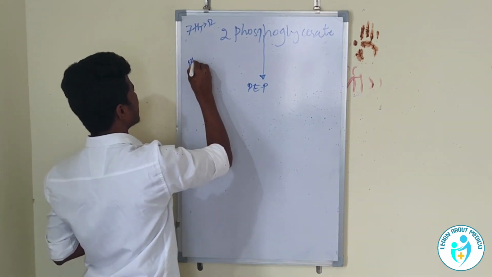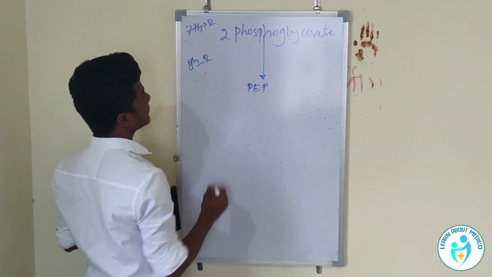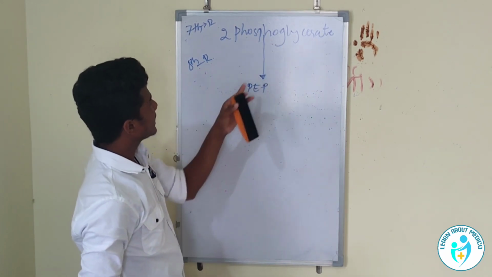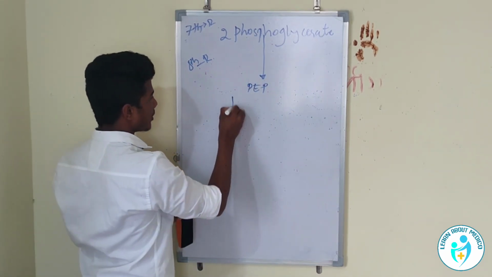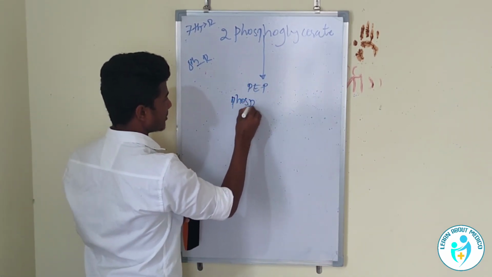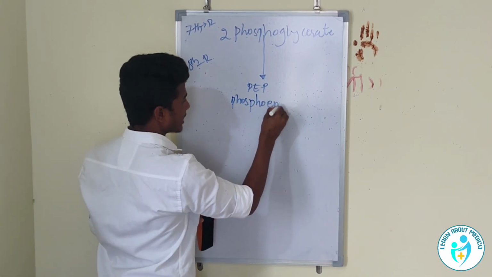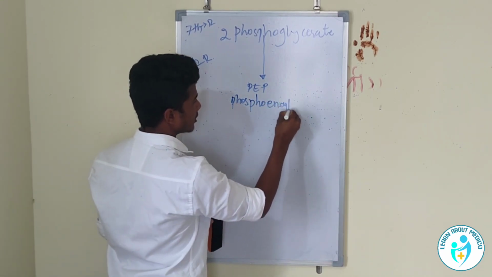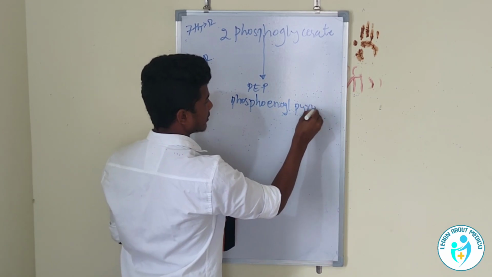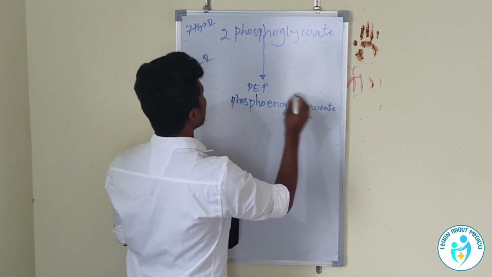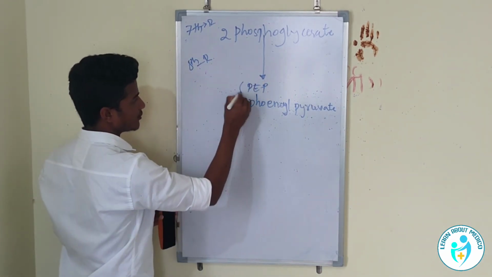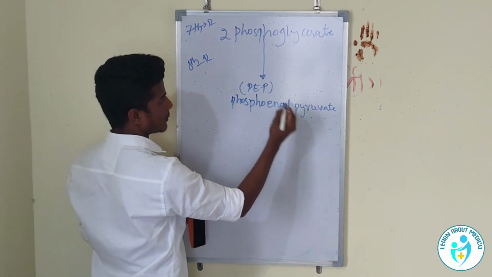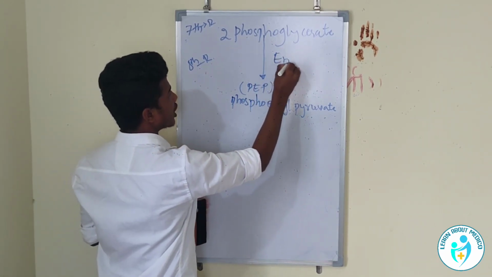That is the eighth step. This is also a reversible step. PEP means phosphoenolpyruvate, with the help of the enzyme enolase.